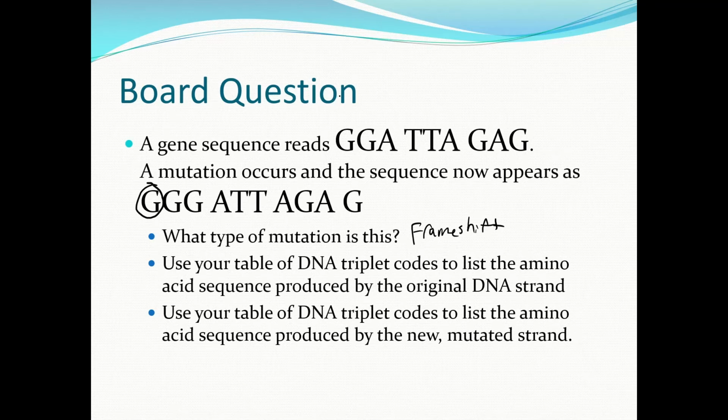Okay, so the original strand, GGA, is glycine. TTA, and then GAG is glutamate.